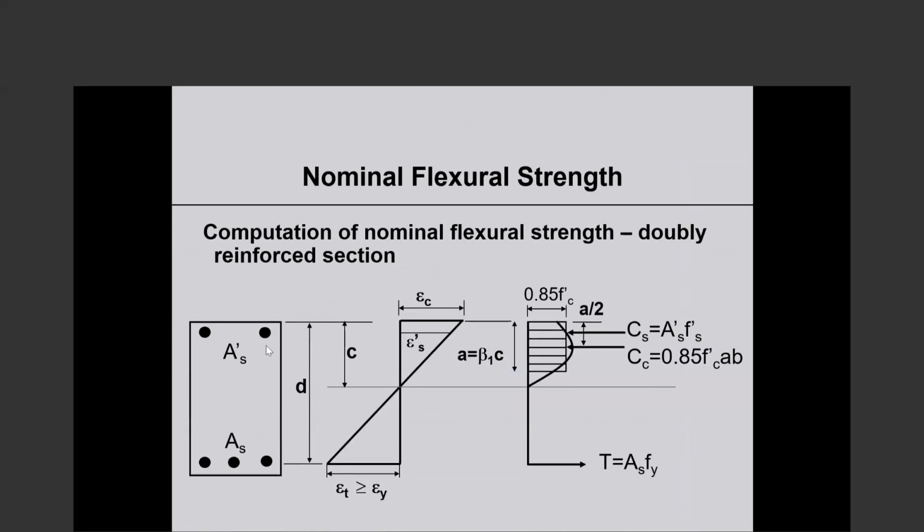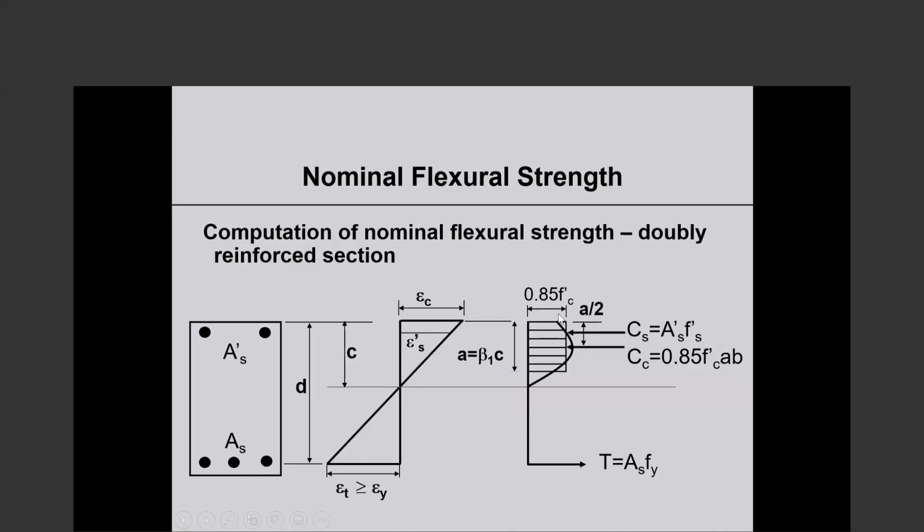Now we will go to a doubly reinforced section. We have tension reinforcement, we have compression reinforcement, A sub s, A sub s prime. The strain distribution is the same, except that at the centroid of the compression reinforcement, we are saying that the strain is epsilon sub s prime. So in the tension reinforcement, it's epsilon sub s. In the compression reinforcement, it is epsilon sub s prime.